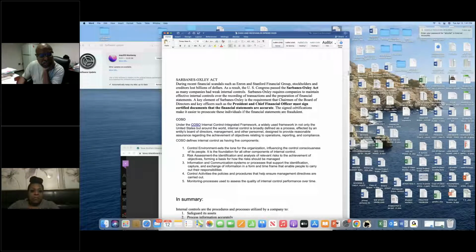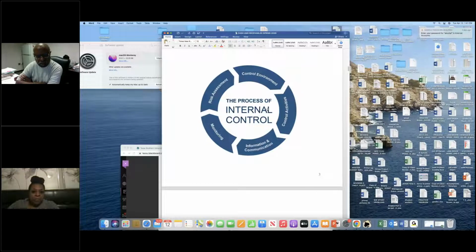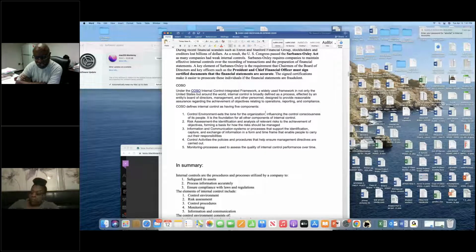And then we get these internal control five components that we listed here. The environment: your organization should have a tone of internal control. It should be felt that this organization is moral and ethical.